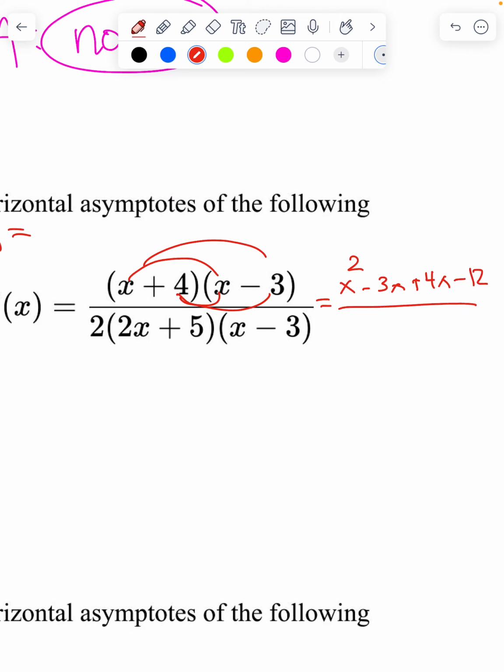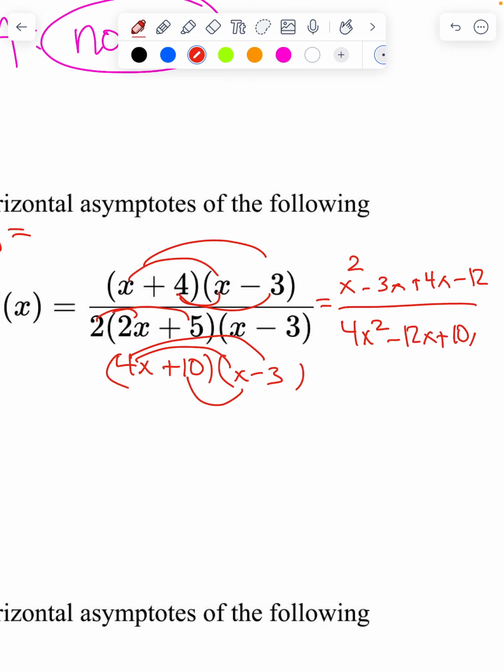On the bottom, I'll get 4x plus 10. I'll do 4x times x is 4x squared, minus 12x, plus 10x, minus 30.